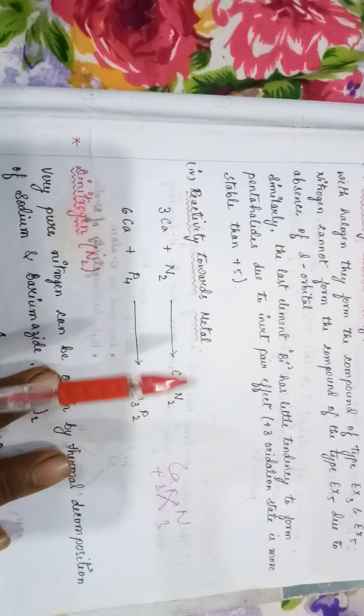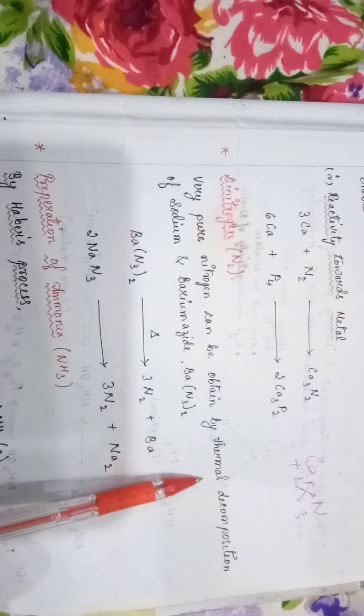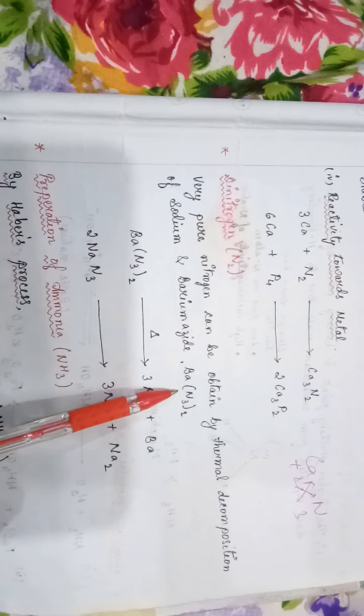Reactivity towards metal. 3Ca plus N2 gives Ca3N2. 6Ca plus P4 gives 2Ca3P2. Next point we are taking is dinitrogen, N2. Very pure form can be obtained by thermal decomposition of sodium azide and barium azide.